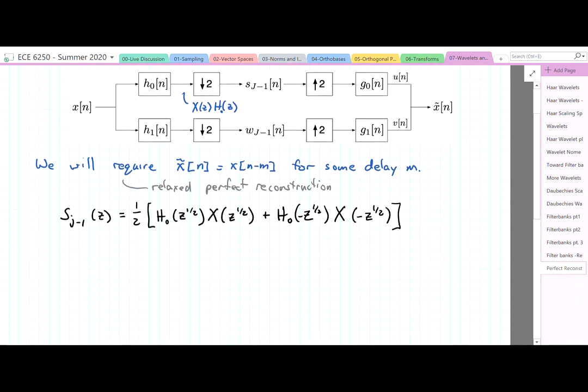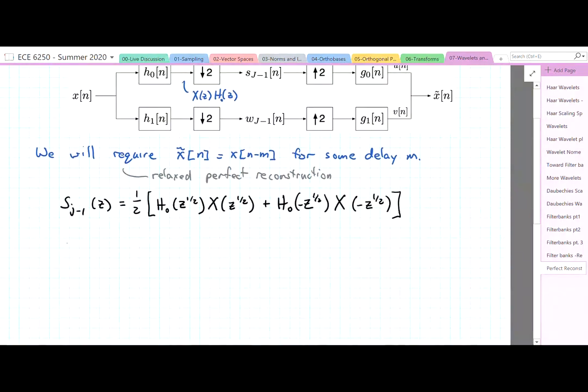So U of z is now that same thing upsampled and then filtered by G of z. Well, fortunately, G of z doesn't undergo any particular weird process like upsampling or downsampling, so it just comes out front.